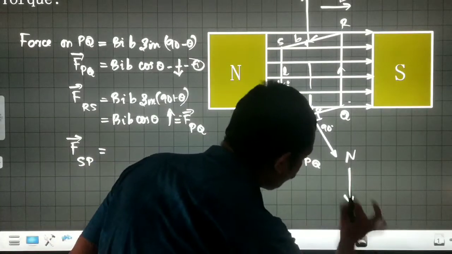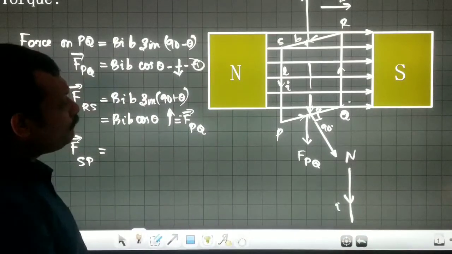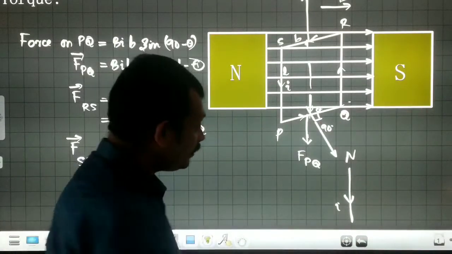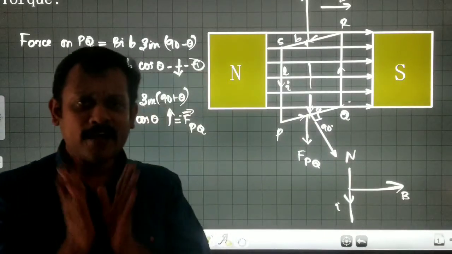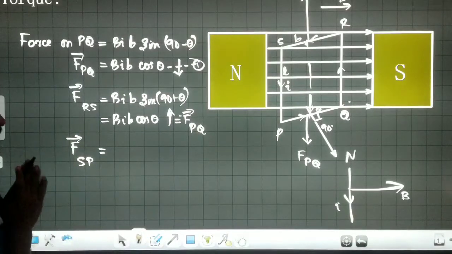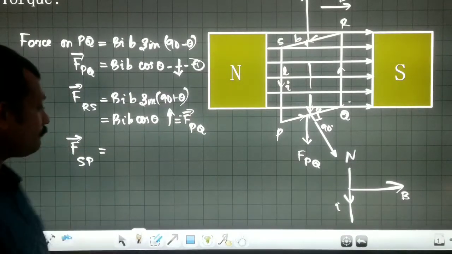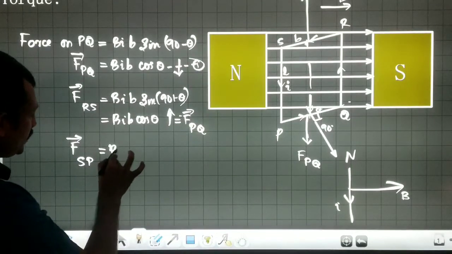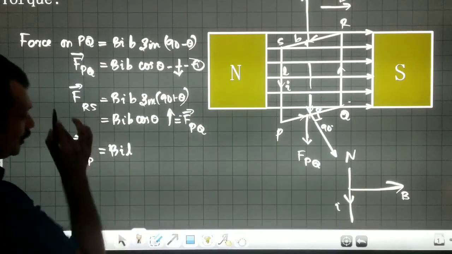This is the direction of current. Which is the direction of the magnetic field? It is towards the right. Now tell me, what is the expression for the magnetic force? It is BIL.